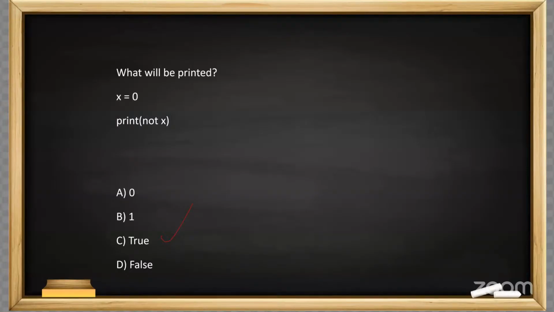Basically in Python, 0 represents false and 1 represents true. As 0 is false, I'm saying not false, and not false will be true. Of course, we'll see this practically.